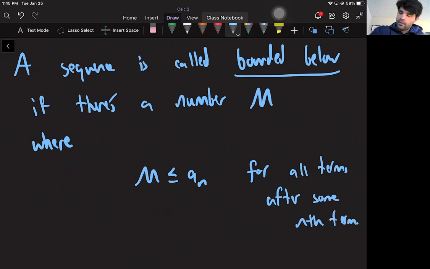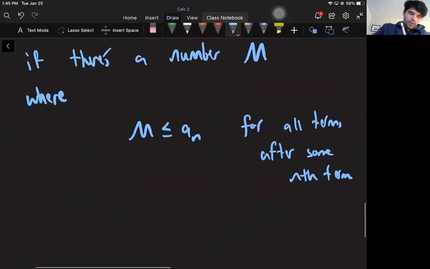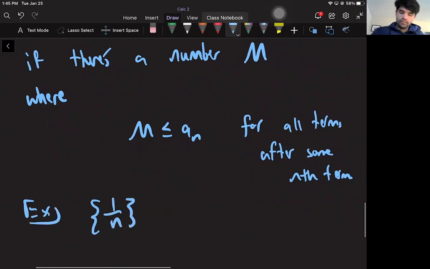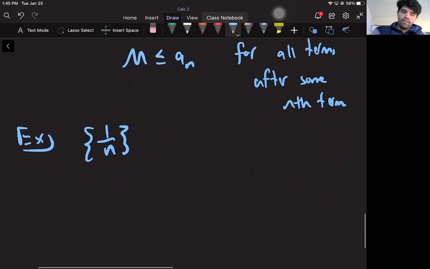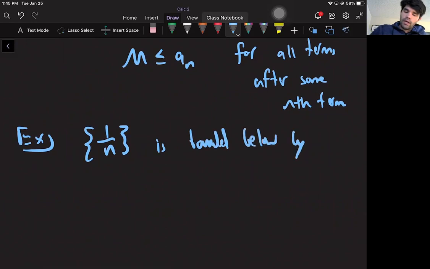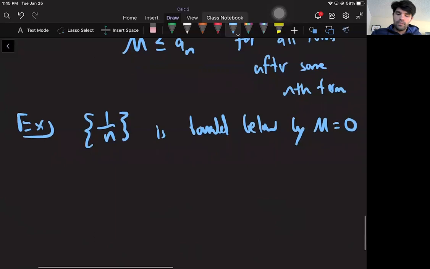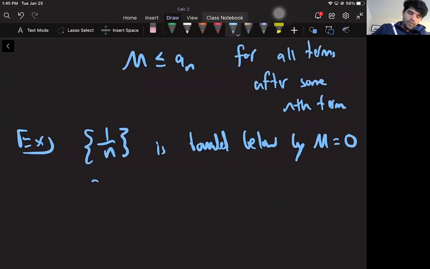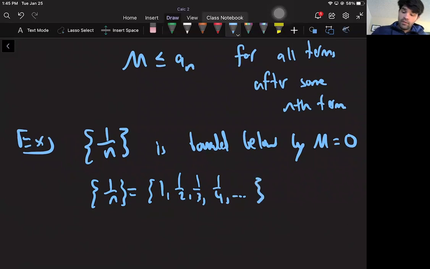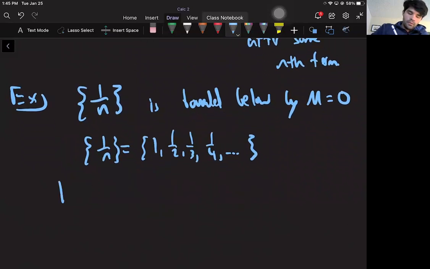Okay, so it looks very similar. For example, we can use 1 over n again. This one's a bit trickier to see, but this is bounded below by 0, because if you think about these terms, 1, 1/2, 1/3, 1/4, and so on, every single one of them is bigger than or equal to 0.